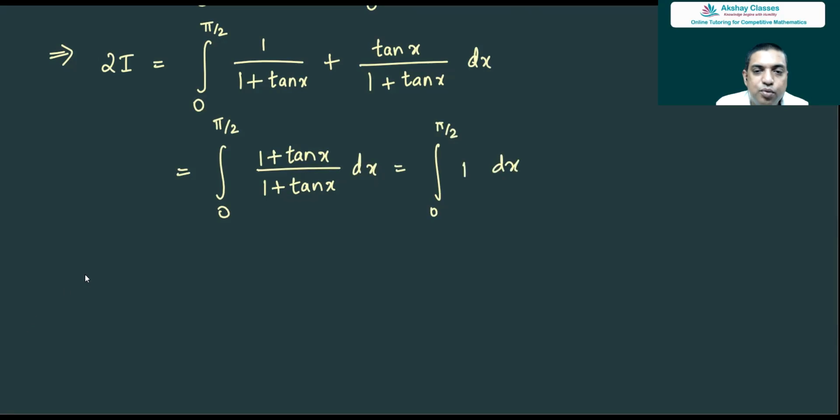So upon cancelling, you get 1. Integral of 1 is x. From 0 to pi by 2, you apply the limits, you will get pi by 2 minus 0. So 2I is equal to pi by 2. So I is equal to pi upon 4.